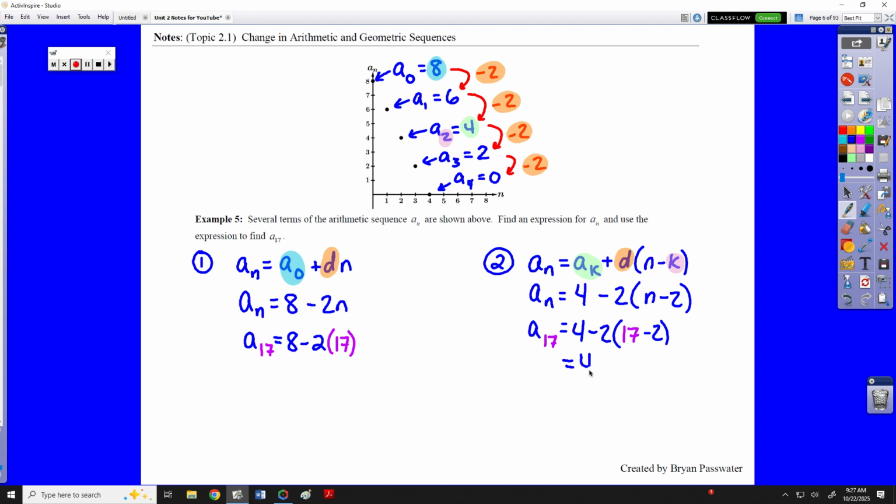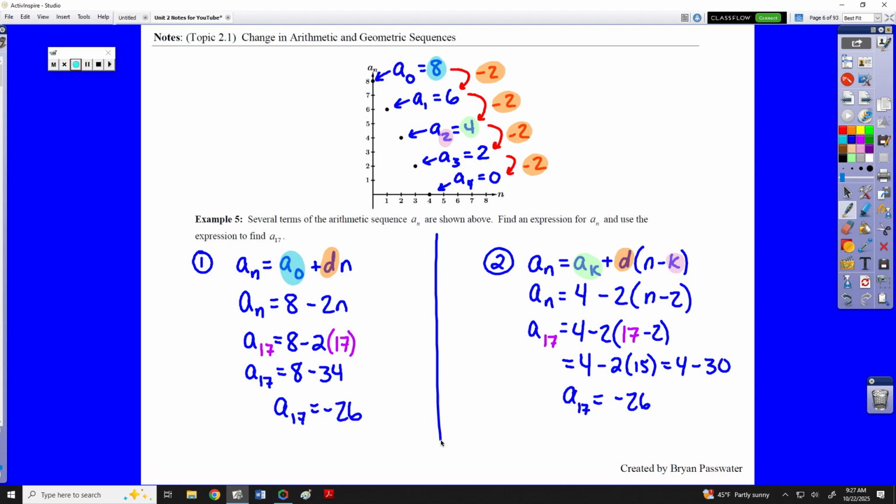So here we would have 4 minus 2 times 15, which would be 4 minus 30, which would be -26 if we use our a sub n approach. Well, if we use our initial value approach, that's 8 minus 34, which is also -26.